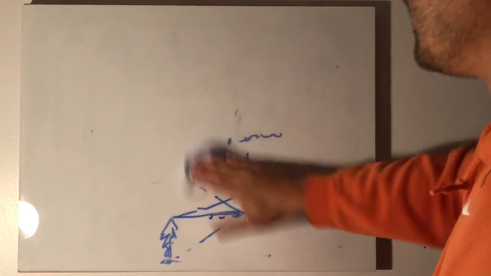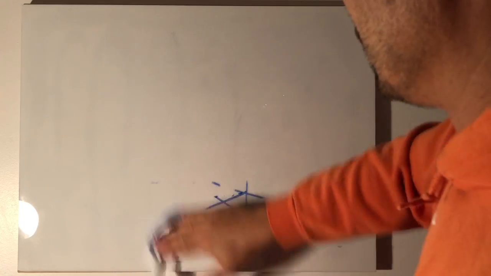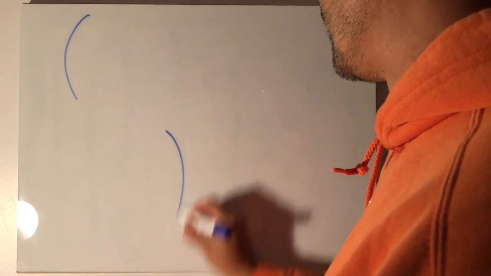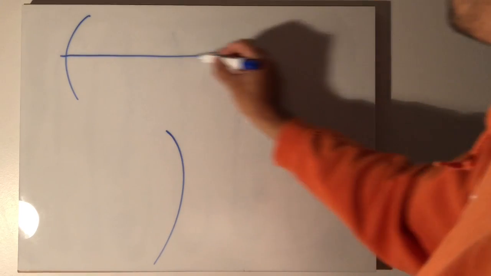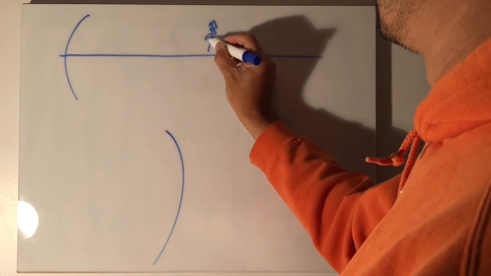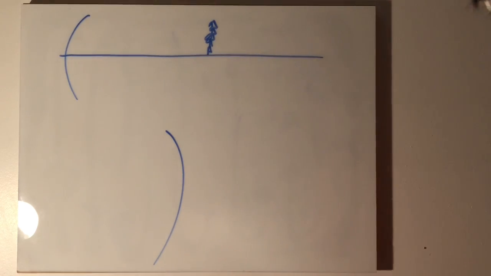So how do we construct an image on a curved mirror? If we have a curved mirror, whether it's curved in or curved out doesn't really matter. We have the floor, and we have our tree here.